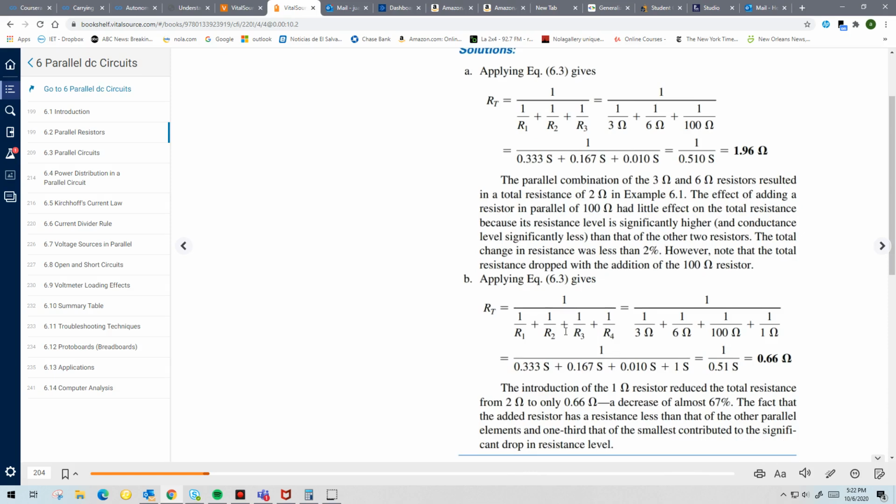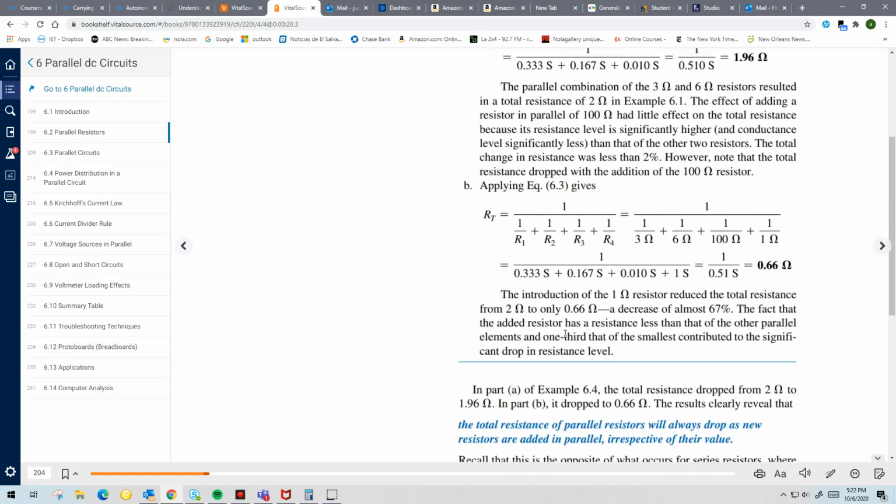So if we add a 100 ohm resistance, let's see what happens. If I add another resistance of 100, this is R4. So I'll take the reciprocal of R4, 1 over 100, and apply the same rules.